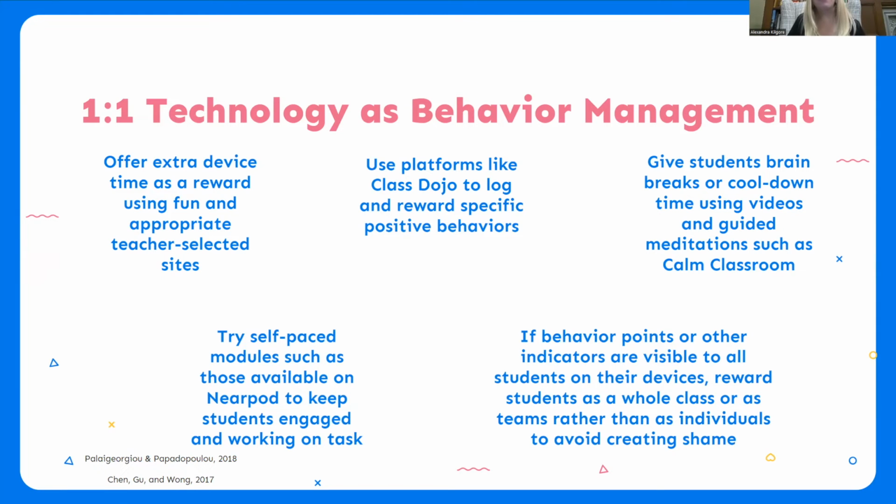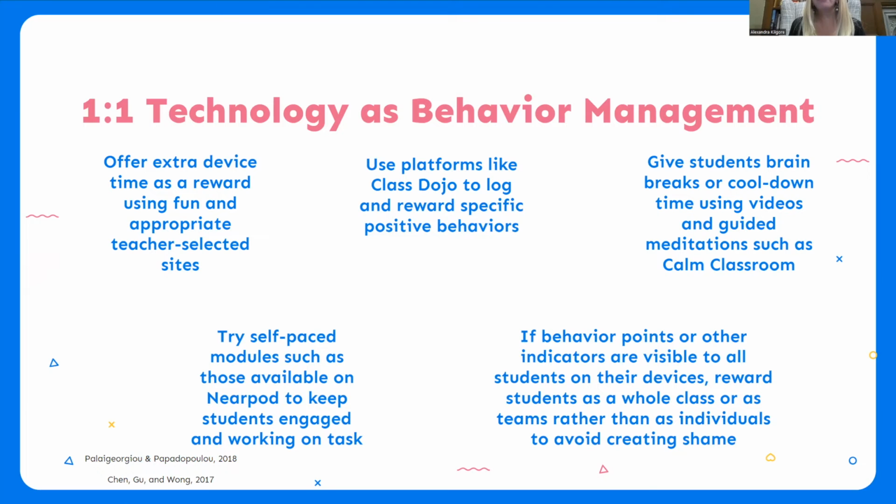Technology can also be useful as behavior management within, of course, certain guidelines. So one thing that is useful is platforms like ClassDojo. Studies show that behavior management, when implemented on a trackable basis for students, can be really powerful.